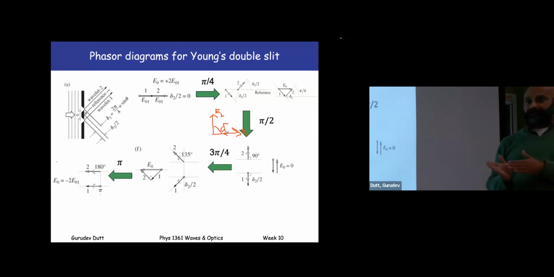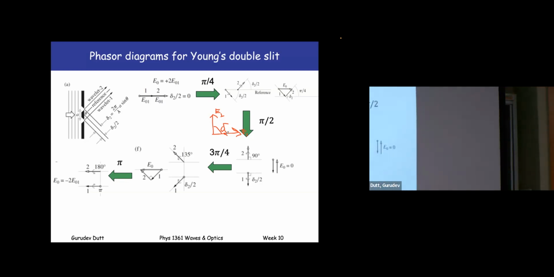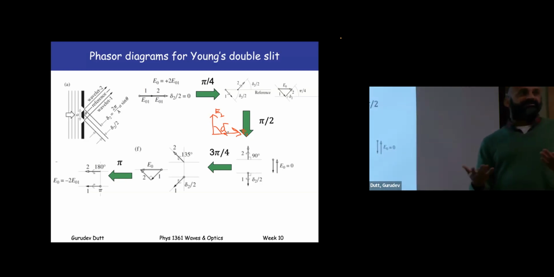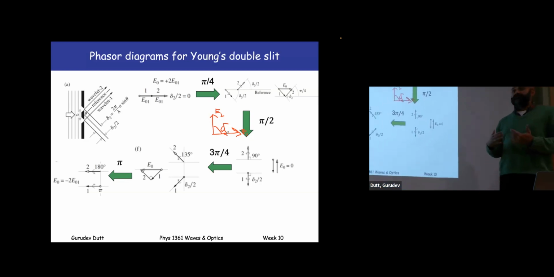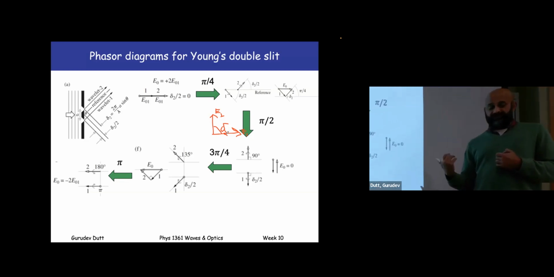Initially they were pointing to the right, now both of them are pointing to the left, and therefore they add up again to give you minus 2 times the electric field from one slit. So the intensity will again be 4 times the intensity from one slit. So this is how, with phasors, we can understand double slit interference.